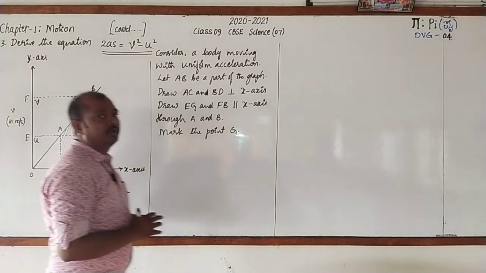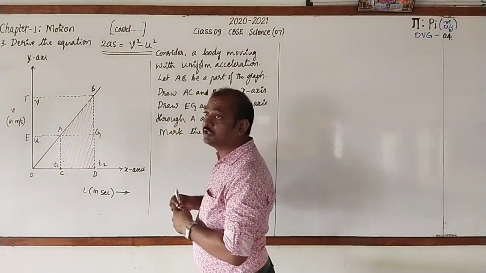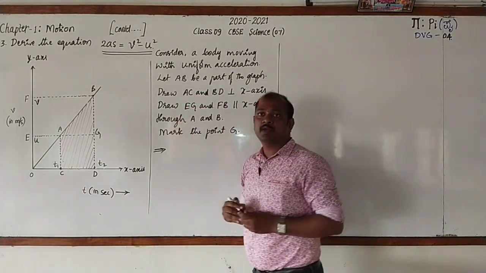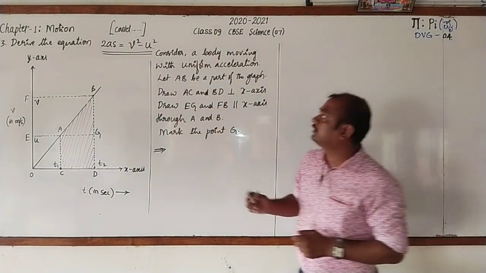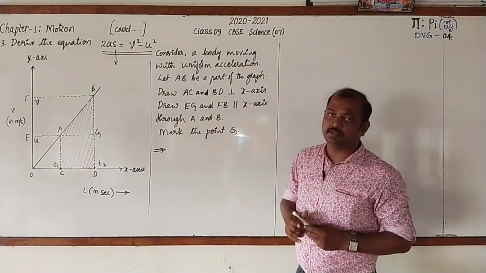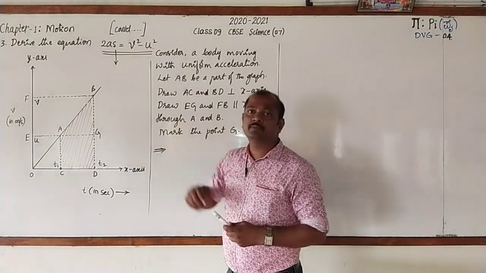Next, after writing all this, now let's go for deriving the equation, 2as equal to v square minus u square. Here, s is there. Position, nothing but displacement, right? Then how to get displacement from the graph?